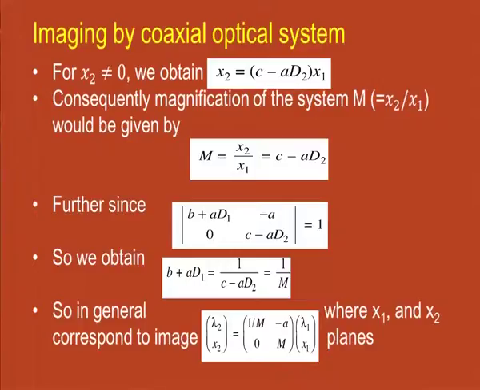So, in general, the expression of lambda 2 x2 column matrix is equal to the square matrix of 1 by m minus a 0 m multiplied with the column matrix of lambda 1 x1 corresponding to image planes, where x1 and x2 correspond to the image planes.